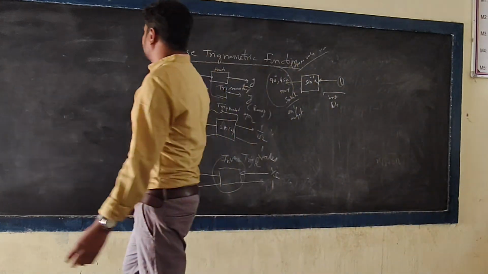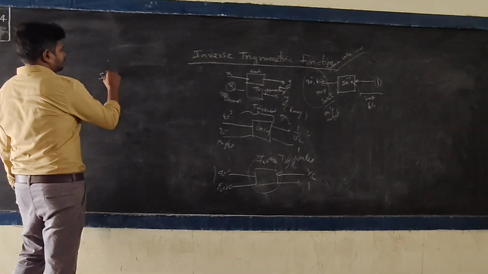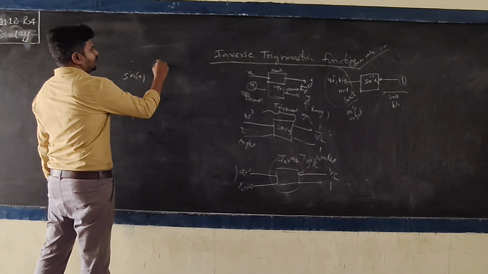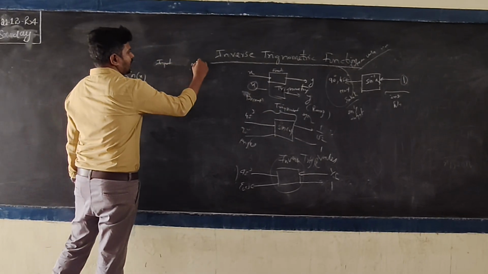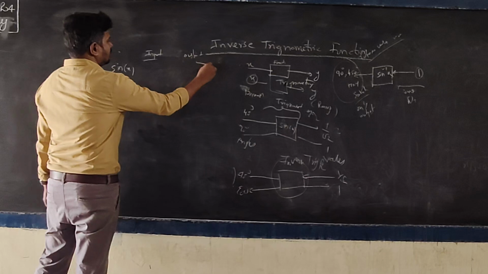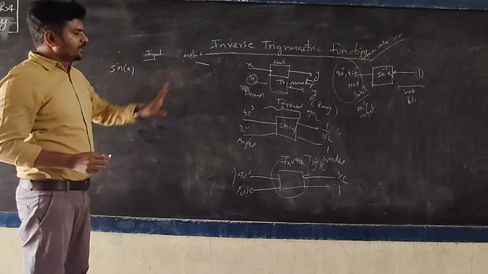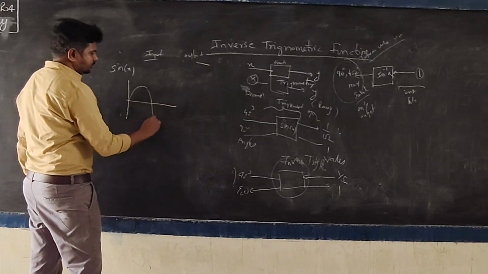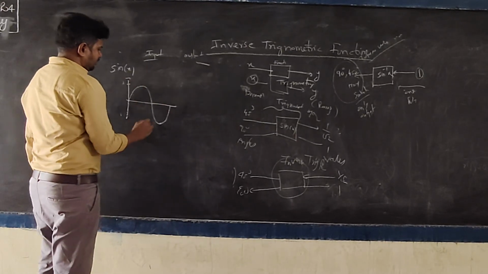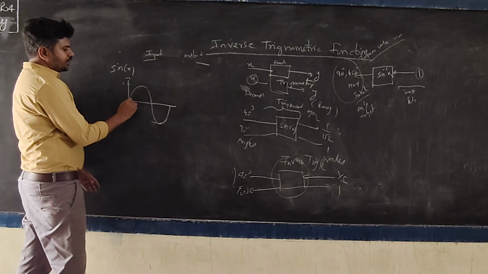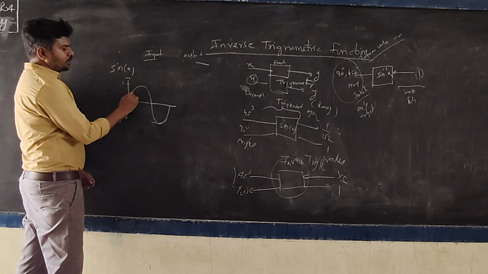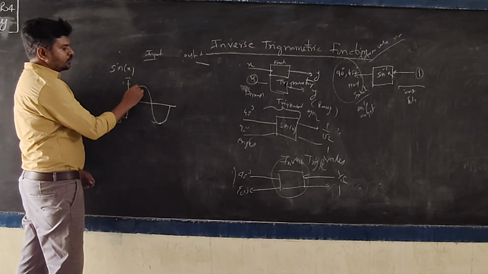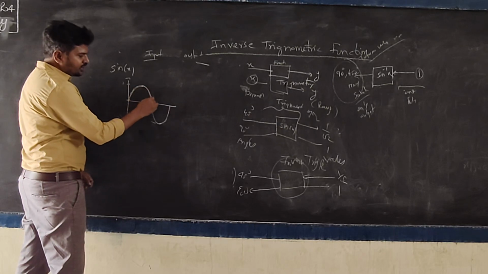What is that? Say you have a sine function, with input here and output here. In order not to repeat the values, say the curve like this is the sine function, with 1 and minus 1. Here you have 0, 1 by 2, 1 by root 2, root 3 by 2, 1, and there is a repetition of values here.